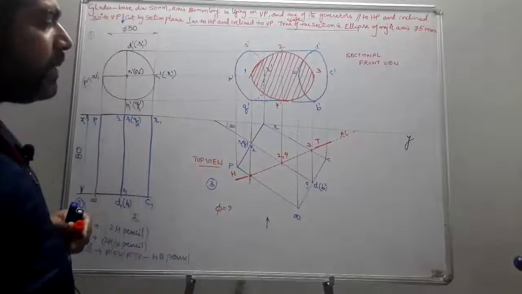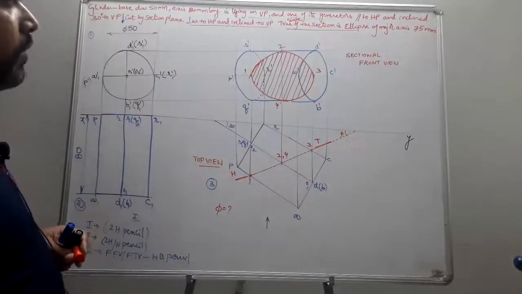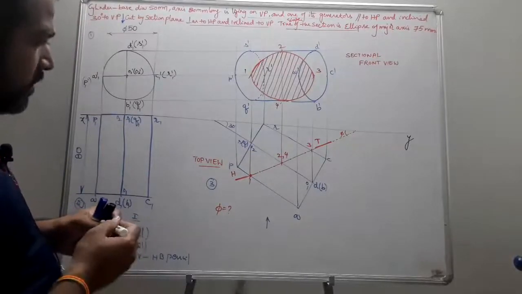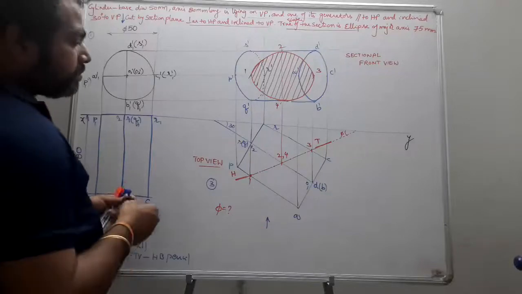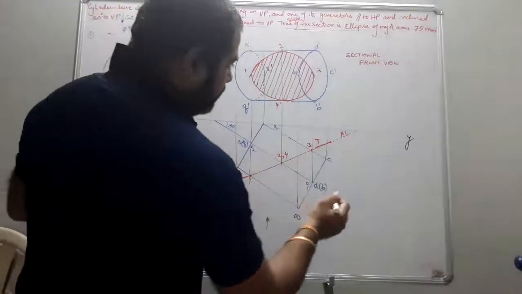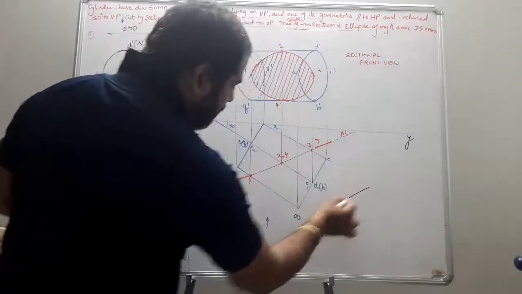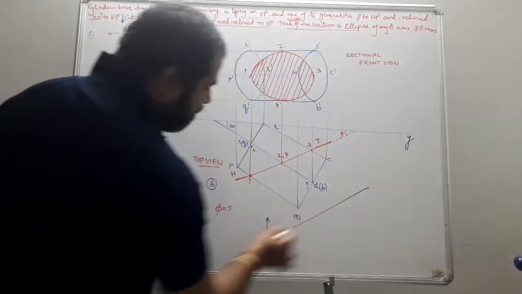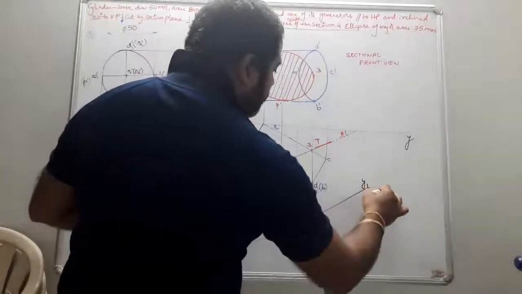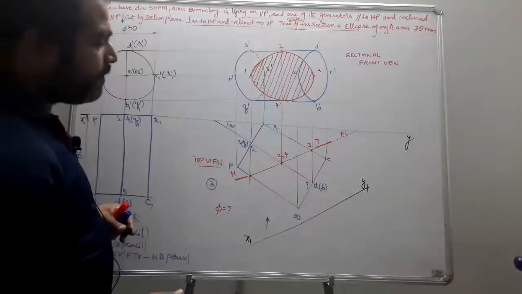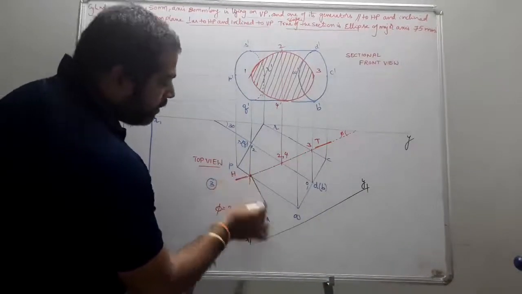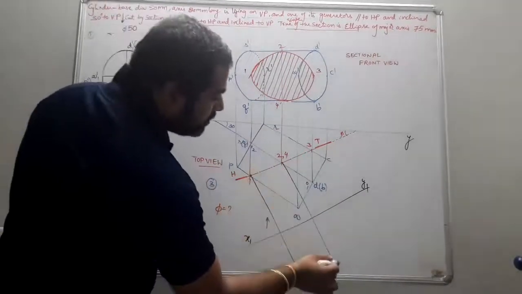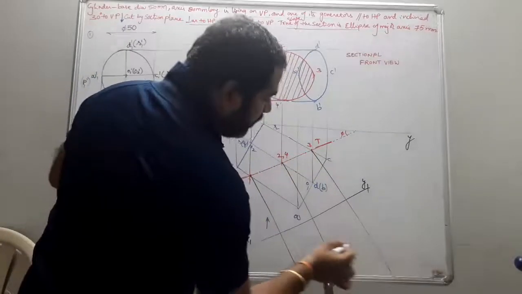Now how can we obtain my true shape? Simply, you just draw the new reference line x1 y1, which is parallel to your cutting plane, and draw the perpendicular projectors from all the points.